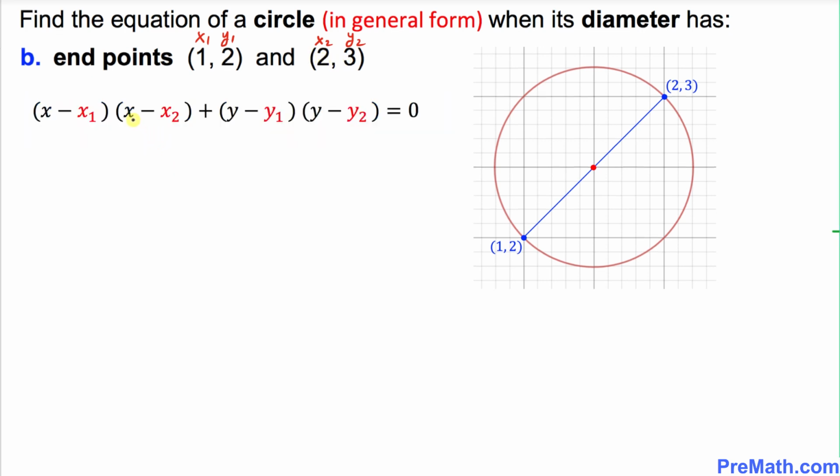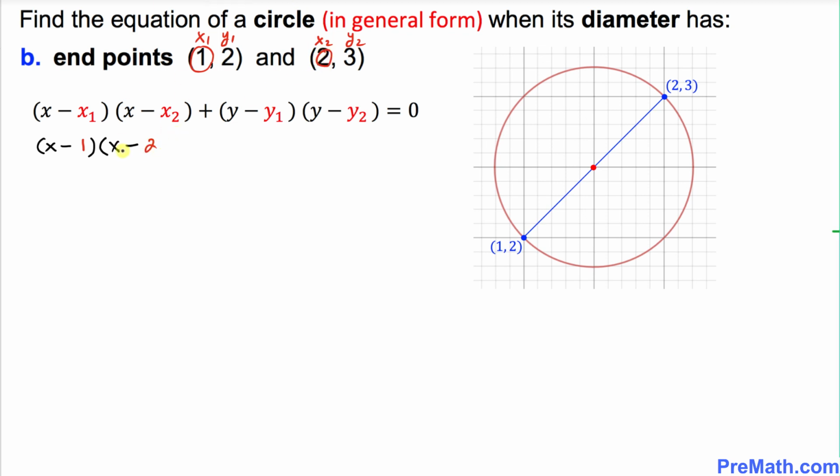So here is our formula, and we will start filling in the blanks. So I can write x minus, in our case, x1 is 1. Let's write it down. And then we have x minus x2, in our case, x2 is 2.